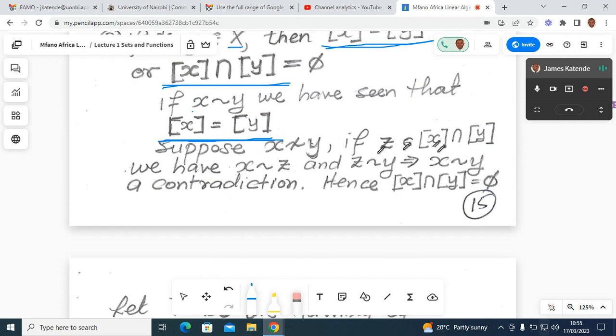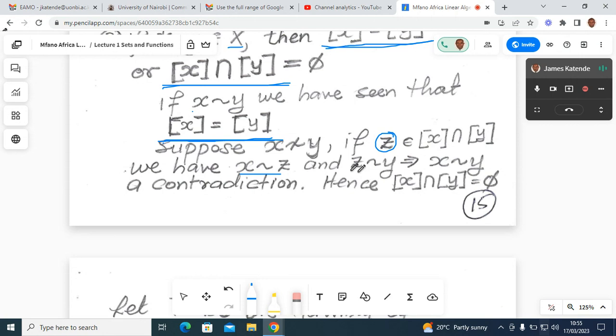Suppose the intersection is not empty. Suppose they have some element in common. Let's set that element to be z. Since z is in the equivalence class of x as well as the equivalence class of y, it must be related to both x and y.